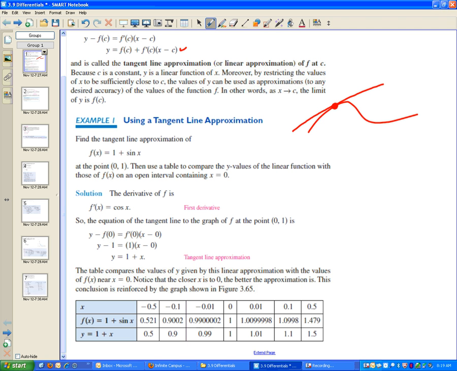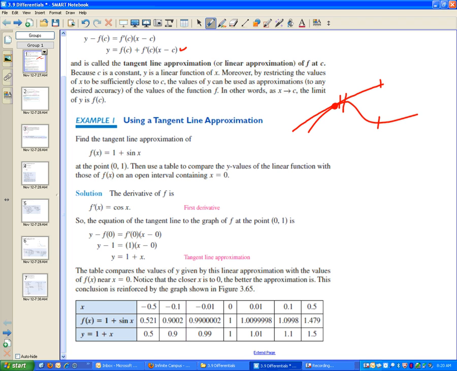Close, close, close. I guess that's one term, but used several times. I mean, let's face it. The value at this x-coordinate between the line and the function, they're not real close together. But for an x-coordinate right here, pretty close. As you get closer to the point of tangency, real close.